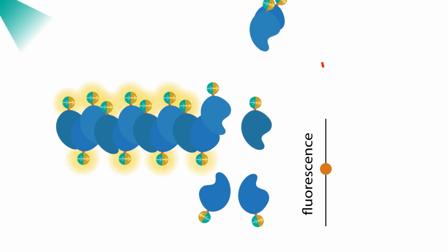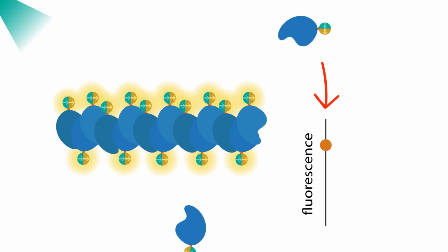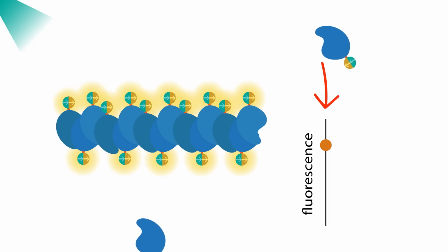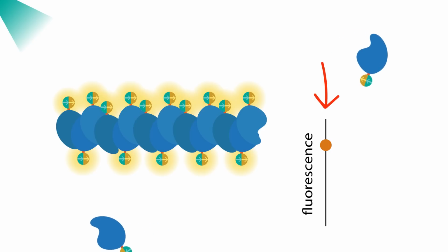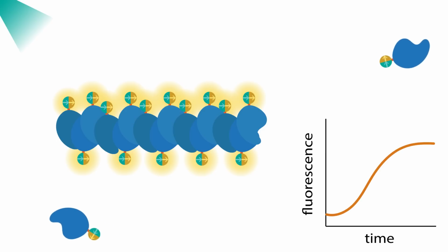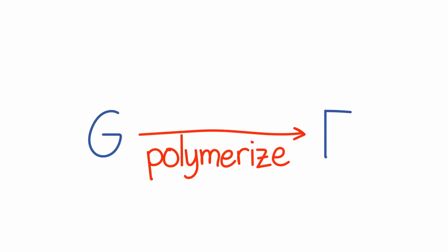Thus, by simply measuring the relative increase in fluorescence, you can monitor the amount of polymer in a reaction because these values are proportional. In addition, by monitoring fluorescence over time, you can examine the kinetics of the assembly reaction. Thus, you have an assay to measure the transition from G-actin to F-actin and vice versa.